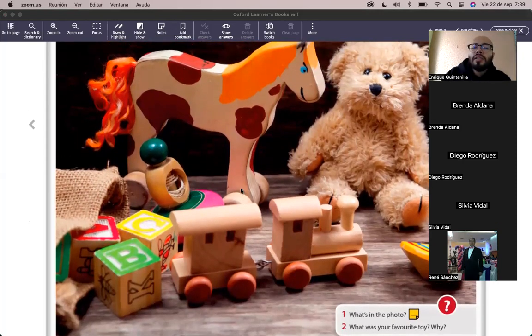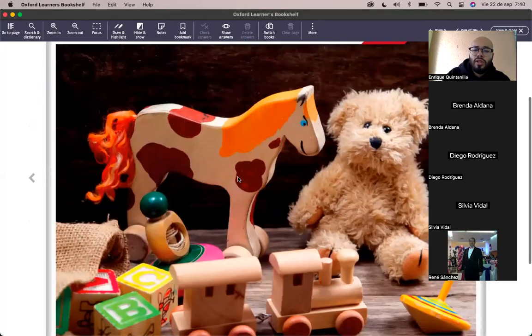What was your favorite toy? We have here a wooden toy, o wood toy, un juguete de madera, a teddy bear, o también se puede decir stuffed animal. Así se dice peluche, stuffed animal.